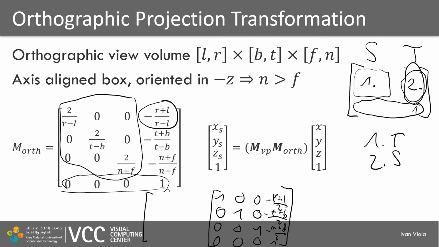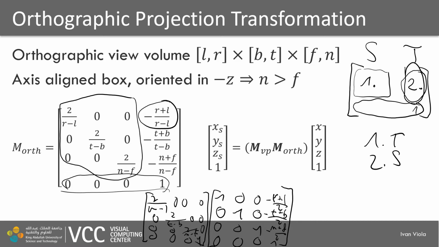And here we will have the scaling matrix, which is 2 divided by R minus L, 0, 0, 0, and 0, 2 divided by T minus B, 0, 0, and 0, 0, 2 divided by N minus F, 0, and 0, 0, 0, 1.